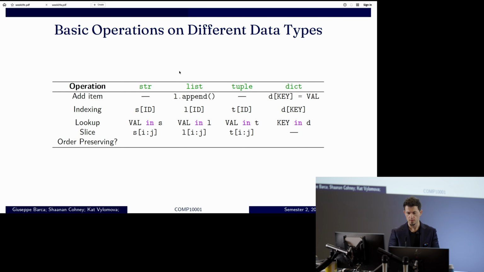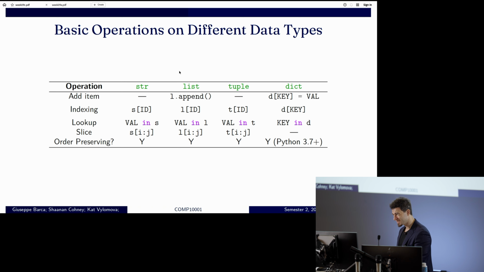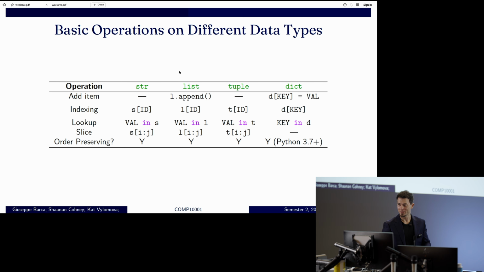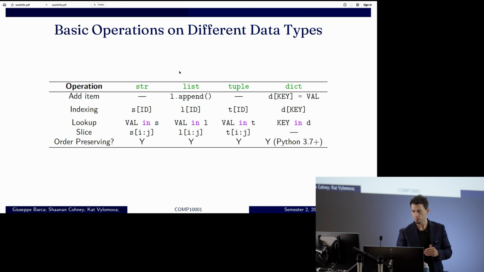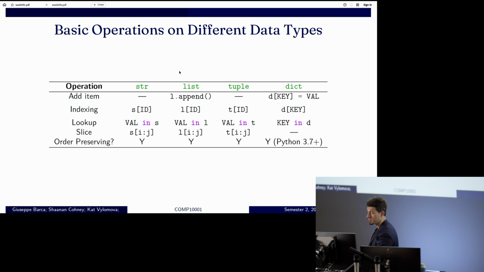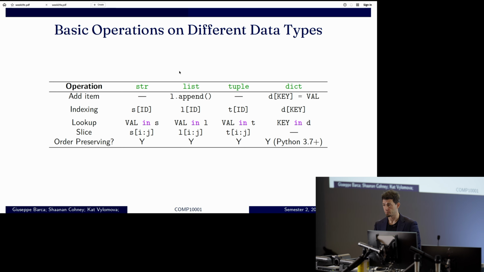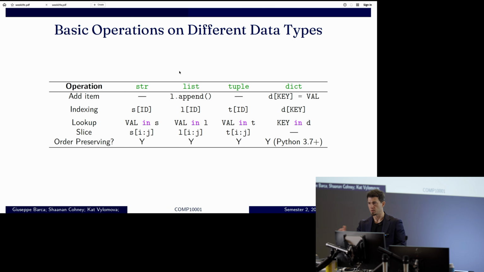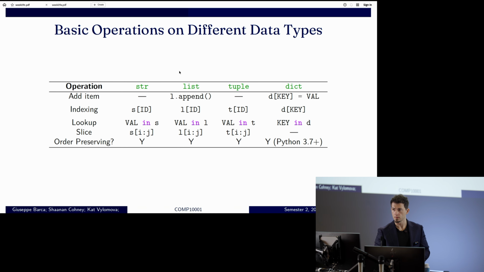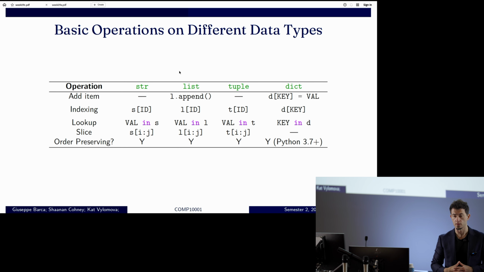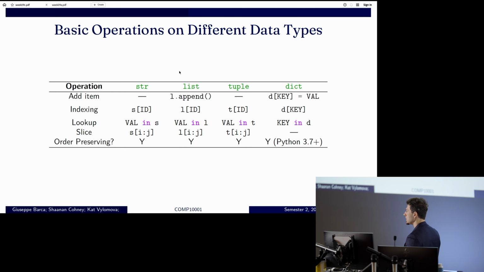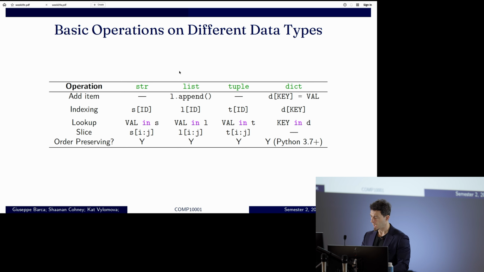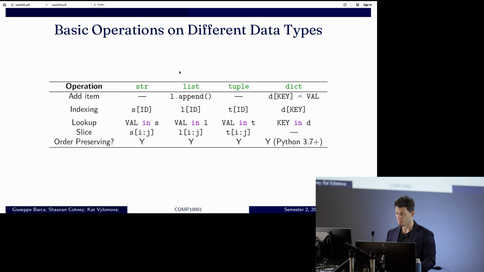And so the answer is, it does, but only from Python 3.7. Before Python 3.7, dictionaries didn't preserve the order of insertion, for the reason that we've just been discussing. We might argue that these particular data structures might be intrinsically unordered. But it's not the case from Python 3.7.